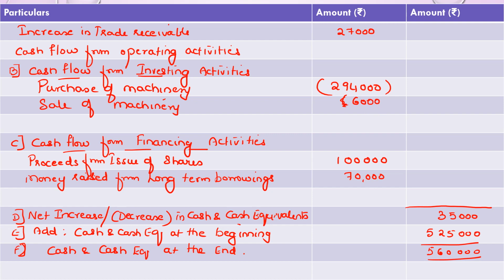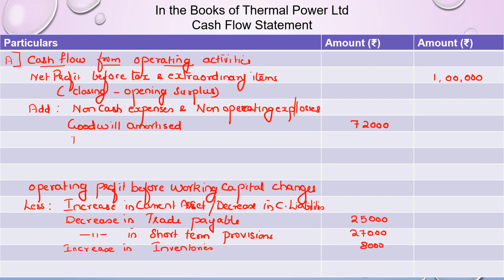Purchase of machinery was an outflow. Now, the other thing was depreciation, which is a non-cash expense. So I write here depreciation amounted to around 66,000 and there was a loss on sale, which is a non-operating loss. So loss on sale of machinery, which was 2,000.